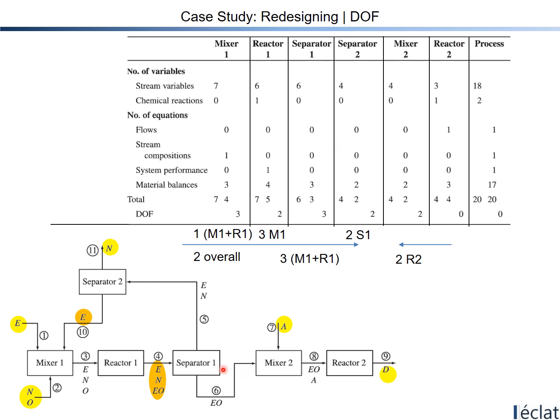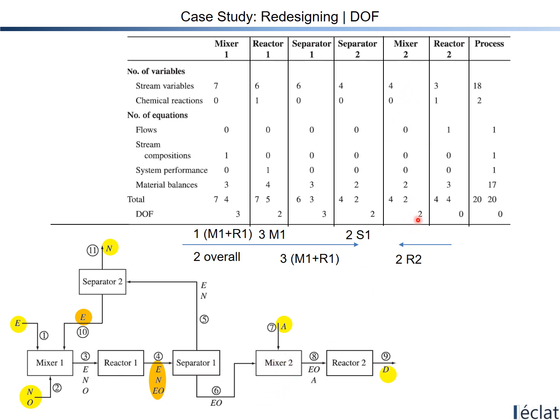Separator 2, and after the calculation about separator 1, we know those 2 values. So by using the 2 values from separator 1, you could solve this problem because the degree of freedom of separator 2 was 2. So 2 minus 2 is 0. How about mixer 2?